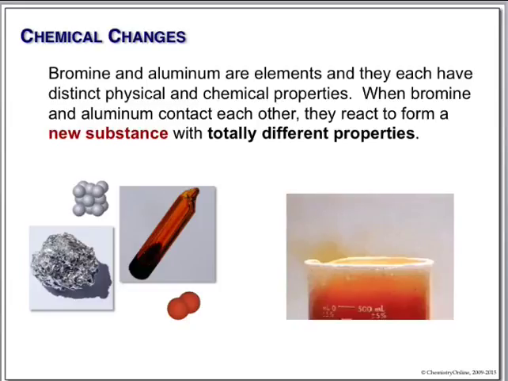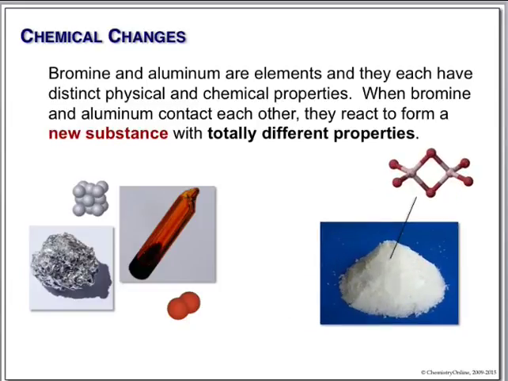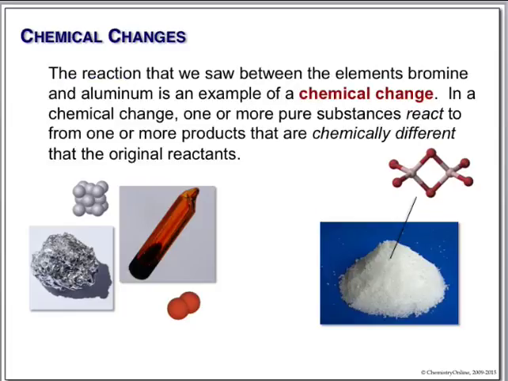The white crusty stuff is aluminum bromide. It is a new substance. This represents a chemical change. We've gone from here to here, two substances, one substance, chemical change has occurred. This is what we will describe using a chemical reaction.